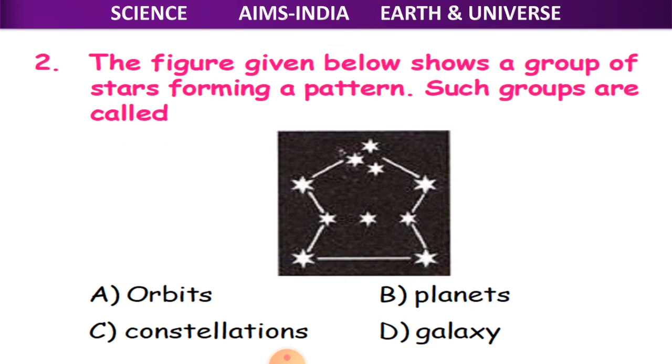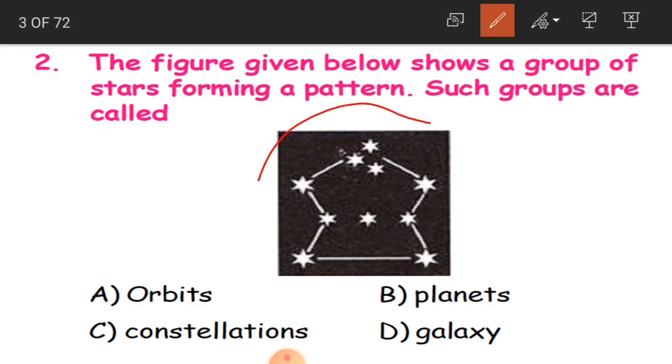Now, the second question is, the figure given below shows a group of stars forming a pattern. Such groups are called what? This picture is nothing but a pattern of stars in groups. We have learnt that some stars together form a pattern, and we have names for those patterns. Even our zodiac signs are nothing but groups of stars.